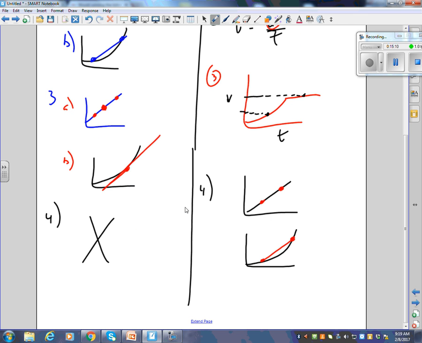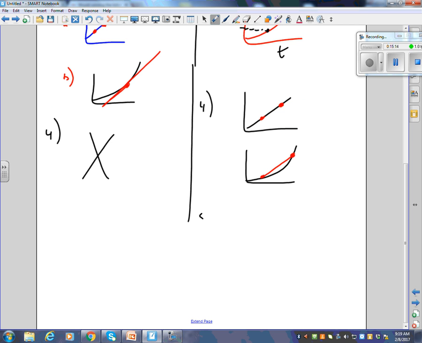And now in number 5, instantaneous acceleration. If it's a straight line graph, and you want to find instantaneous at a single point, how do you do that? Well, because it's straight, you can find the slope of the line, because the instantaneous slope remains the same throughout that line.